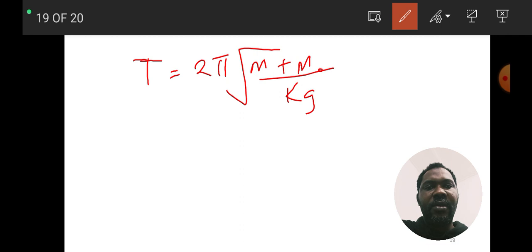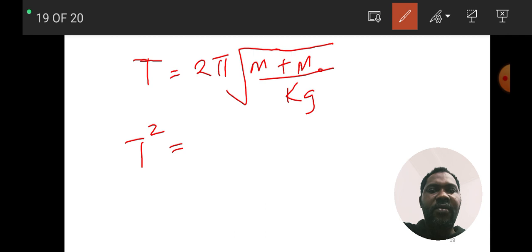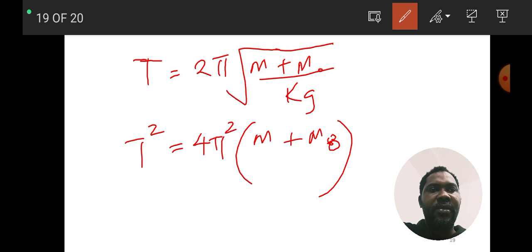Now this is not looking like a straight line graph, so the first thing we do is to square both sides. If we do that, this would be T squared equal to 4 pi squared, then m plus m naught all over kg.